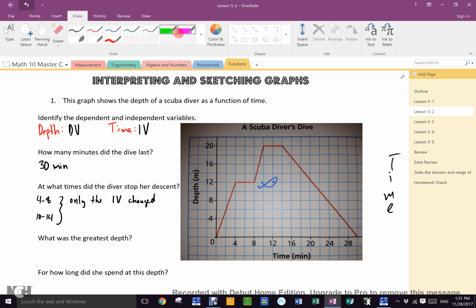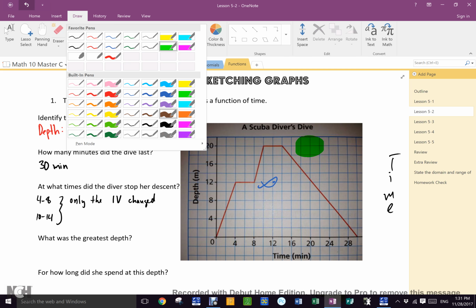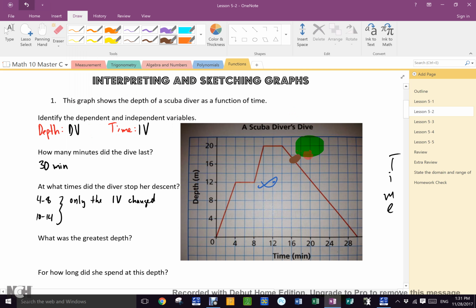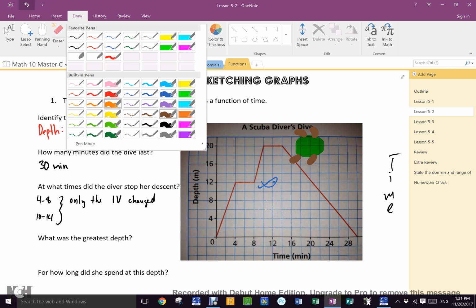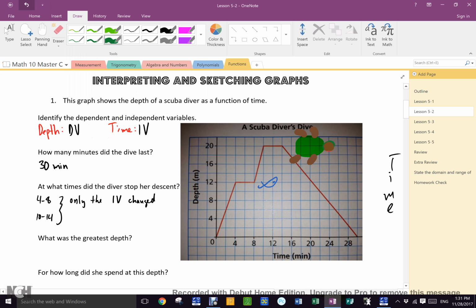Here, she found Crush. Right? But in between them, time continued on, and she swam deeper. Got it? Lovely.